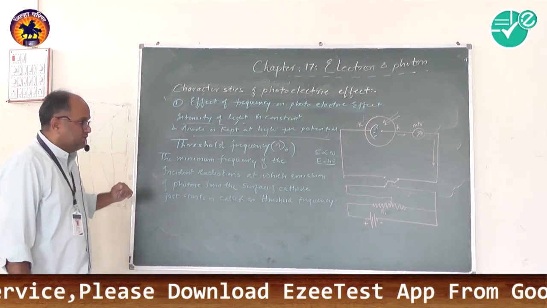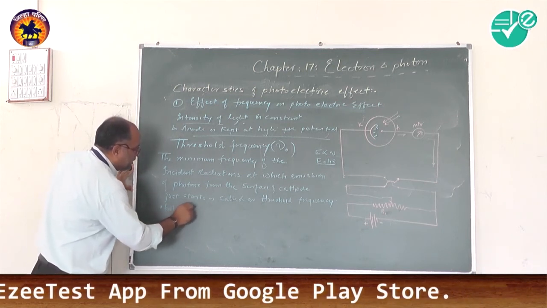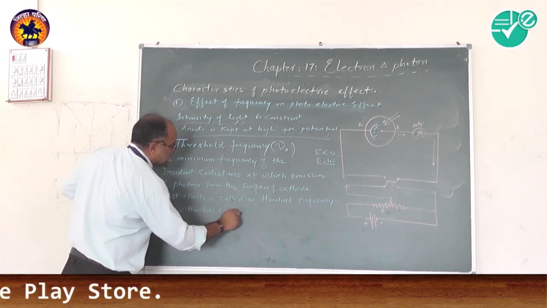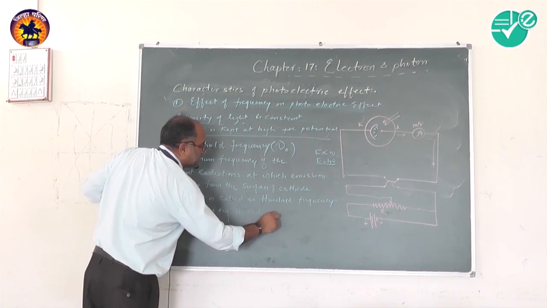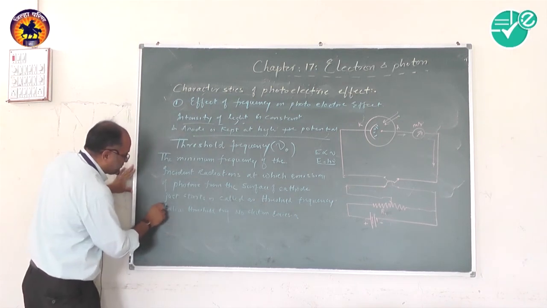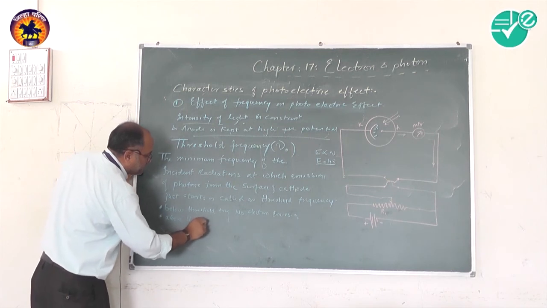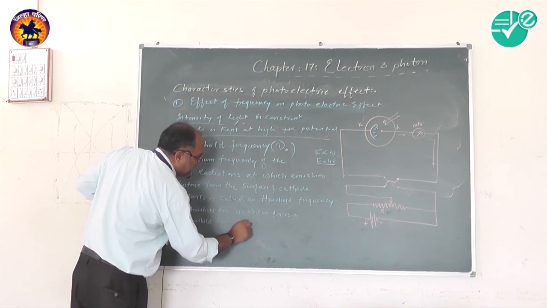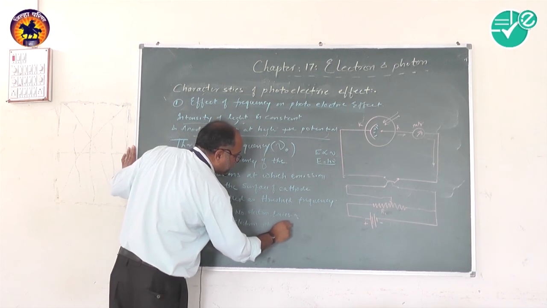Now what are the characteristics of this threshold frequency? Below threshold frequency, no electron emission, no photon emission. Second, above threshold frequency, electron emission or photon emission will continue.